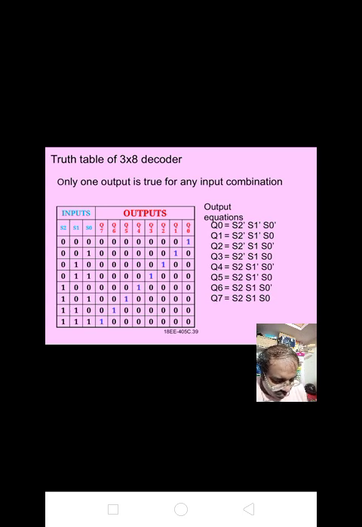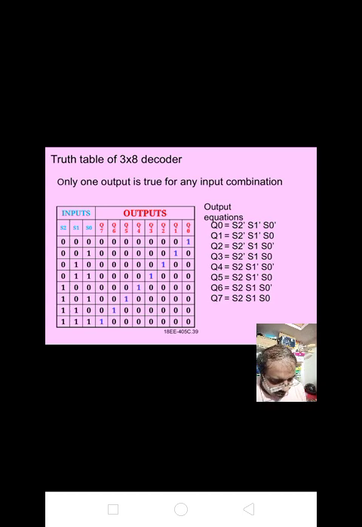For Q1 that is S2 bar, S1 bar, S0. For Q2 S2 bar, S1, S0 bar. For Q3 S2 bar, S1, S0. For Q4 S2, S1 bar, S0 bar.